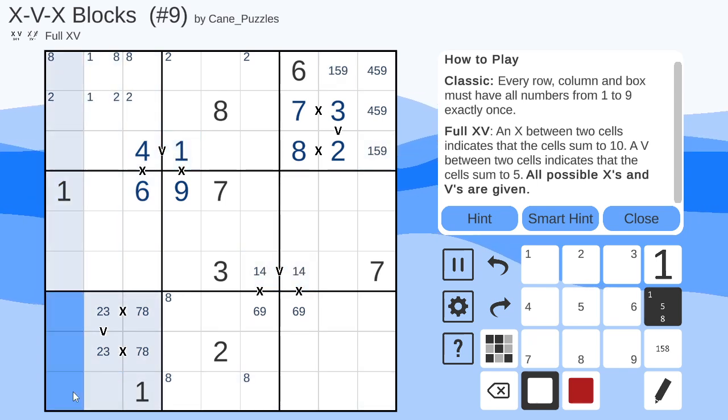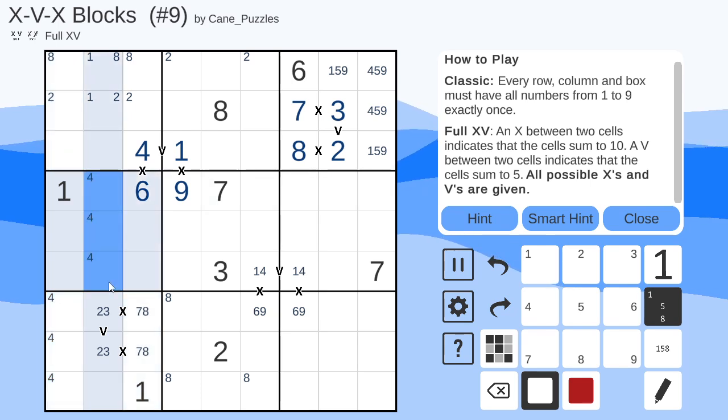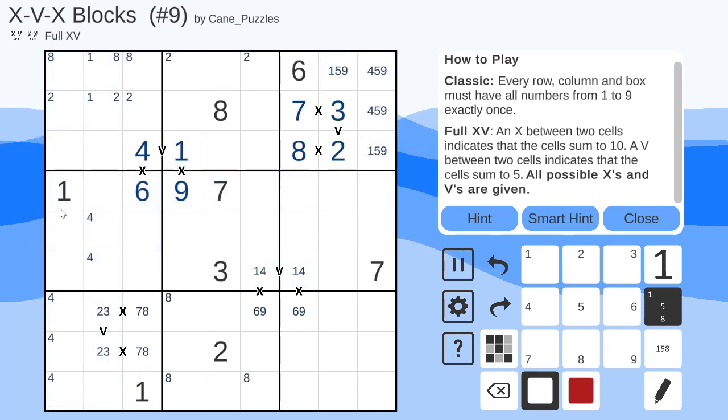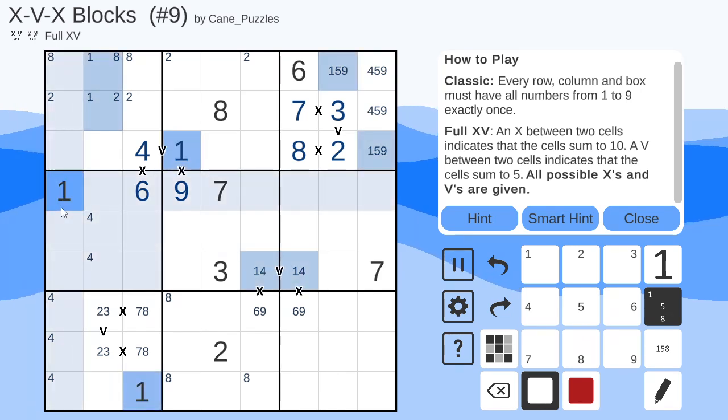This cannot be a 4. A 4 has to be here. Means a 4 is here. This one can't be a 4 because of the fact there's 1 living here. One's up here because you can't go here. This can't be a 1.